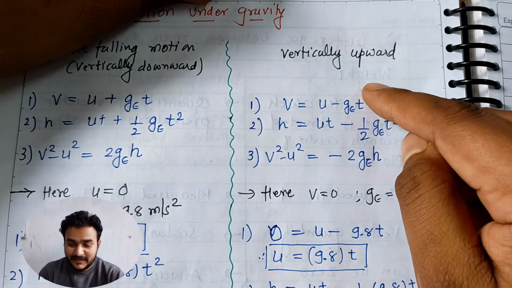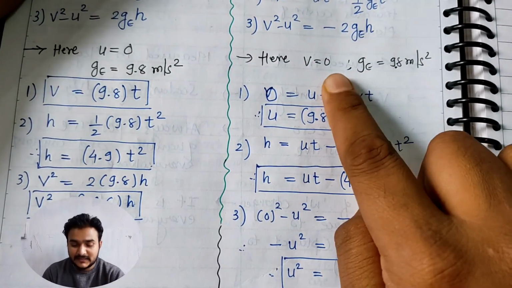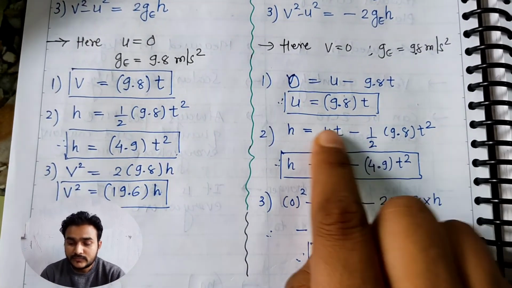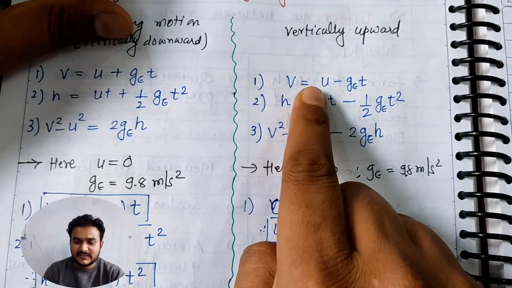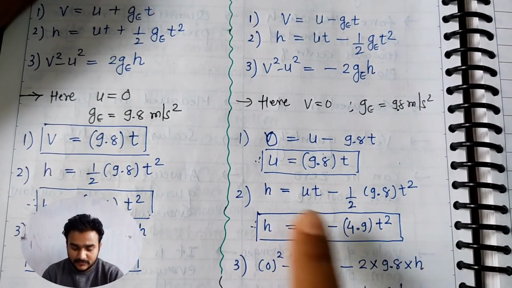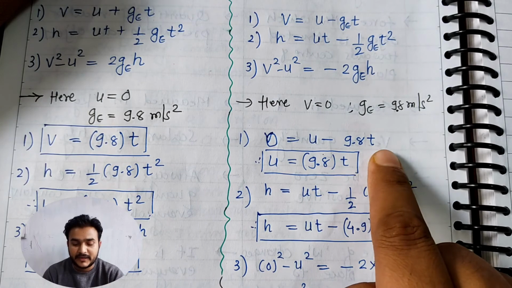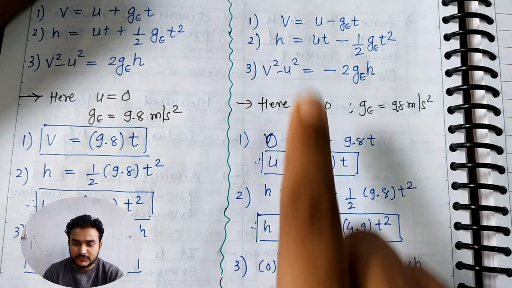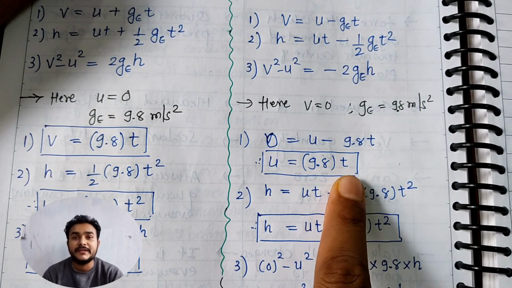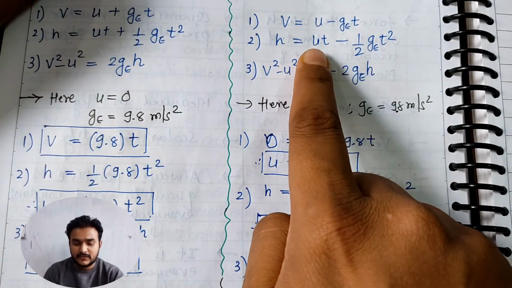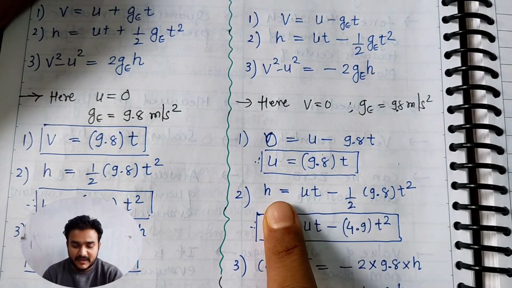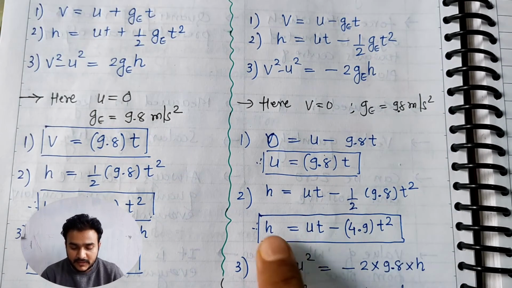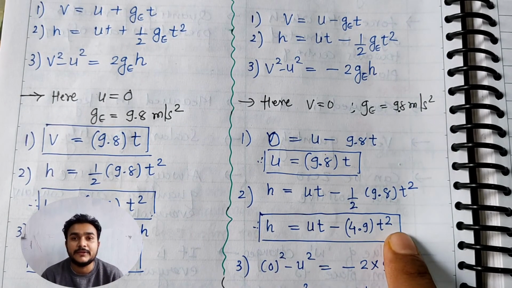But if you are not able to memorize them, just memorize the general equations. For vertically upward motion, the final velocity is equal to 0 and the gravitational acceleration is 9.8 meter per second square. So putting this in the first equation, v is equal to u minus gt, it becomes 0 is equal to u minus 9.8 into t. As the final velocity is 0, u becomes 9.8 into t. Second equation, h is equal to ut minus 1 by 2 gt square becomes h is equal to ut minus 1 by 2 into 9.8 into t square, so h is equal to ut minus 4.9 into t square.